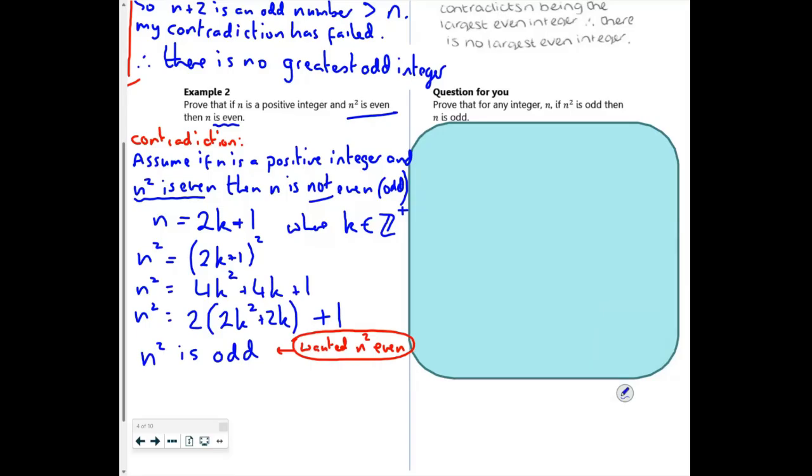I misread my evens and me not evens. So as n squared is odd, the contradiction is false.